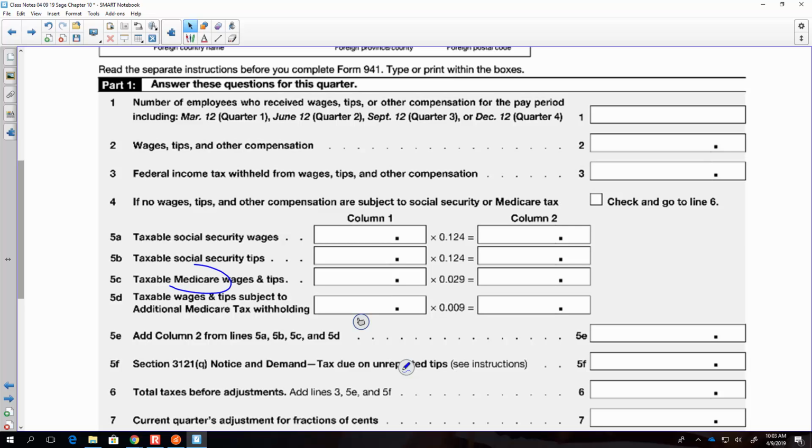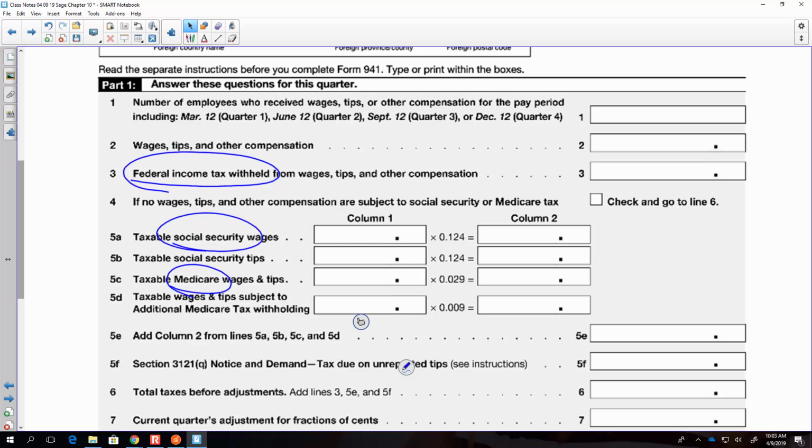Medicare, Social Security taxes, federal what? Income tax withheld. Those are the 3 taxes.